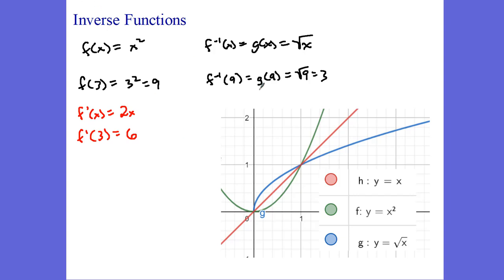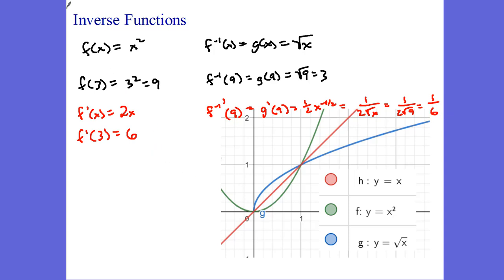Now the derivative of my inverse function at 9 is the derivative of the g function at 9. The derivative of the square root of x is 1/2 x to the negative 1/2, or 1 over 2 root x. Plug in 1 over 2 root 9, and you get 1 over 6.